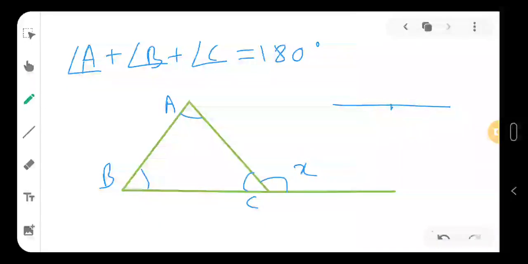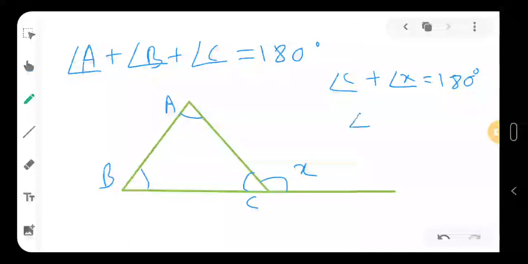So I can write C plus X is equal to 180 degrees. That means C is equal to 180 minus X, right?